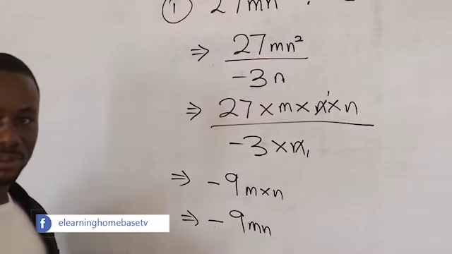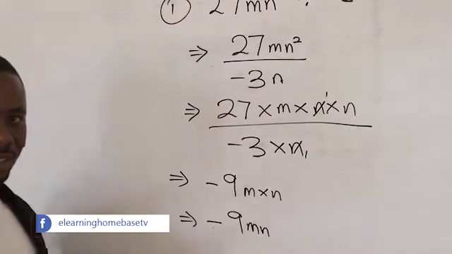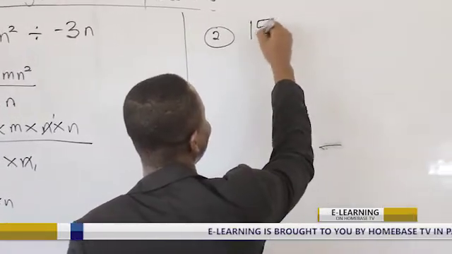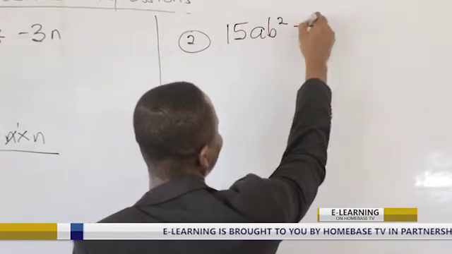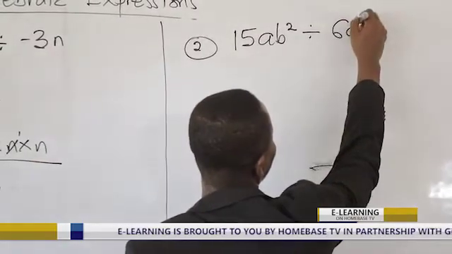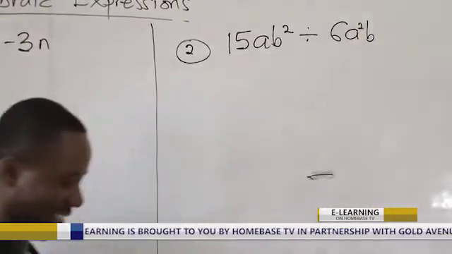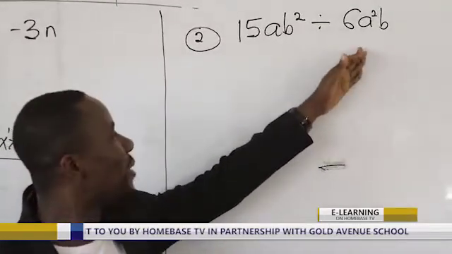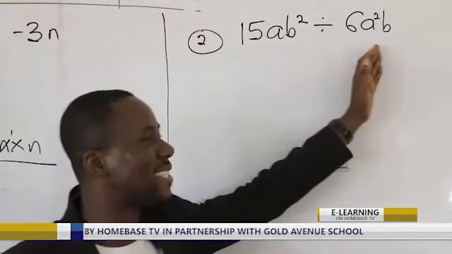Let's move on to the second example. I hope you are following. Good, be attentive. 15ab squared divided by 6a squared b. The easy way to solve this, express it in the form of fraction.